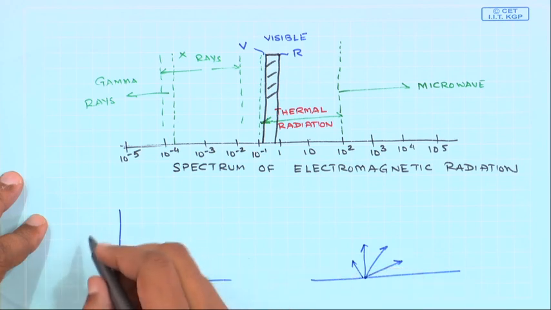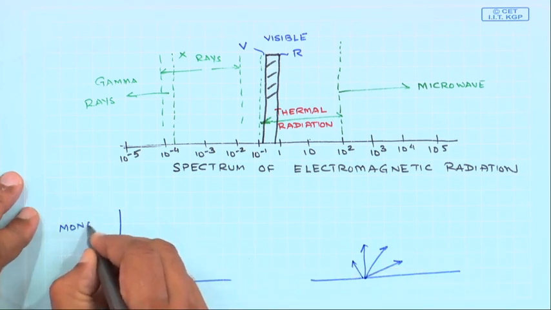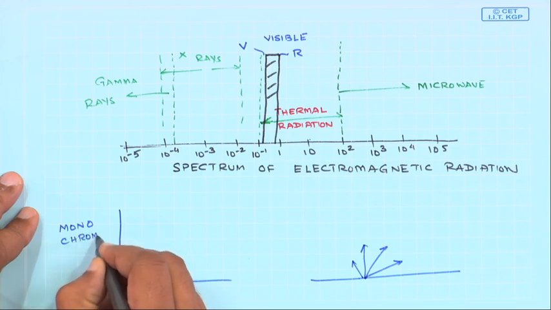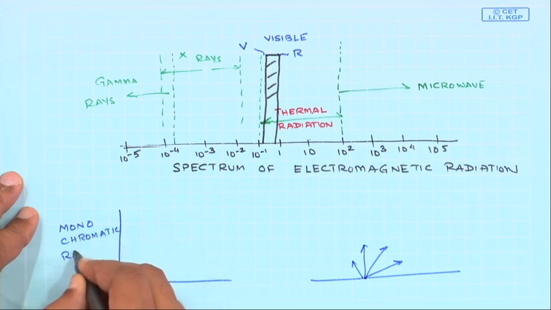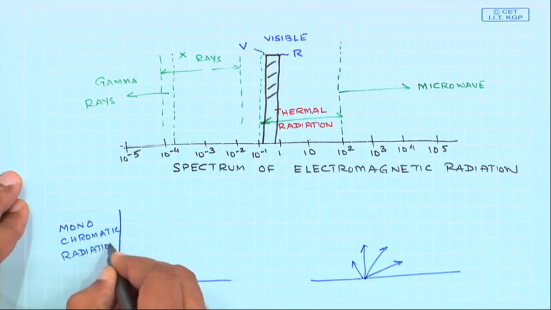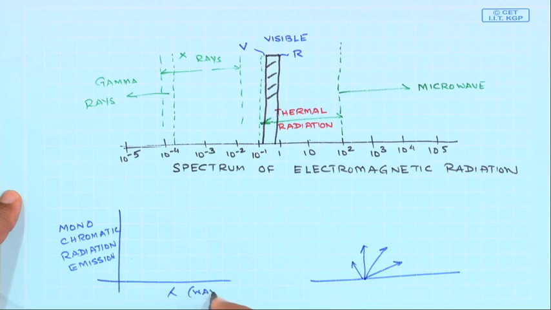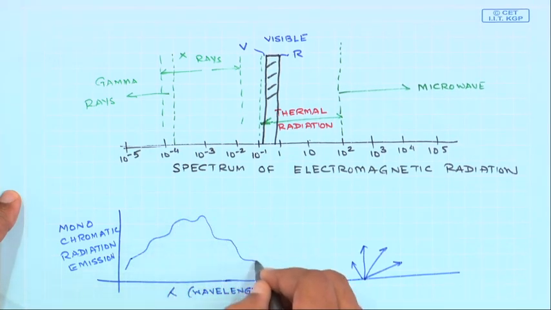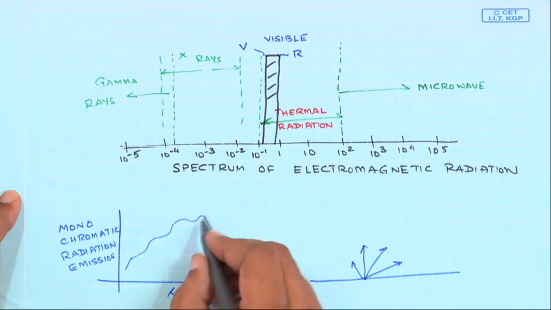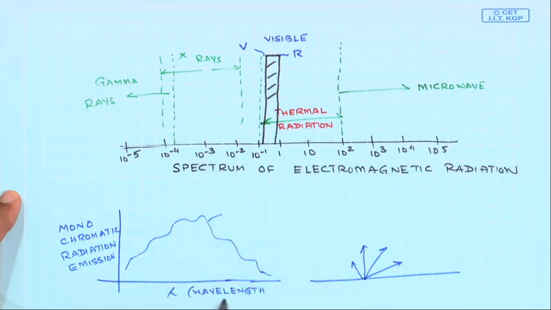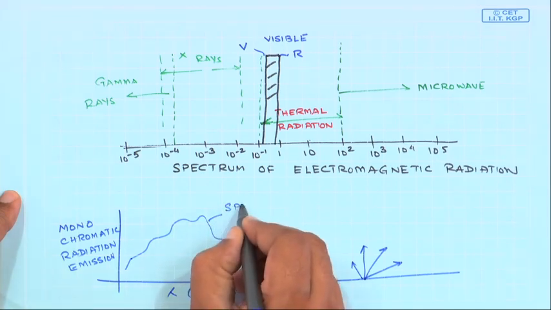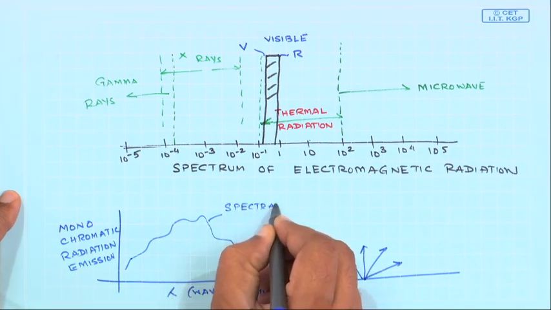If this is monochromatic radiation emission, and if I plot it as a function of lambda, which is wavelength, there is going to be some arbitrary variation like this, and since it depends on wavelength, this is called spectral distribution.